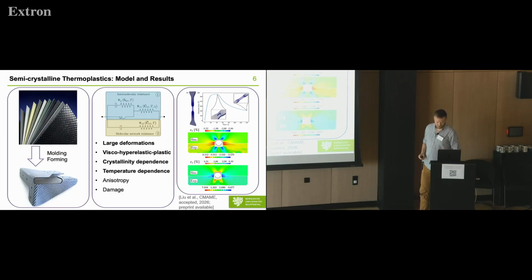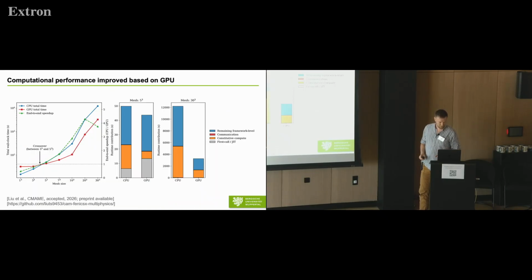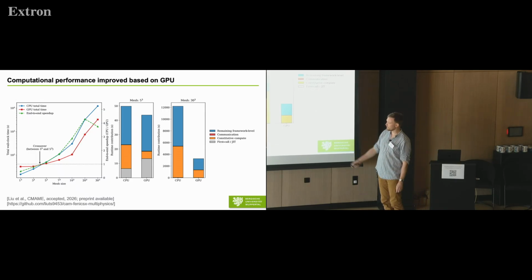Coming to the speed up on GPUs, which we recently tried. The corresponding publication has just been accepted. Here you can see the results, runtimes in wall clock for two different mesh densities, and here there's a finer graph showing that.